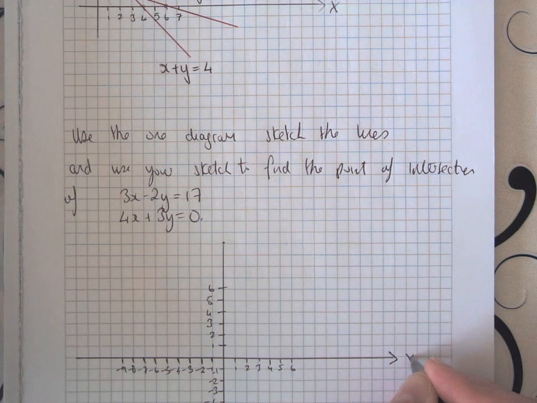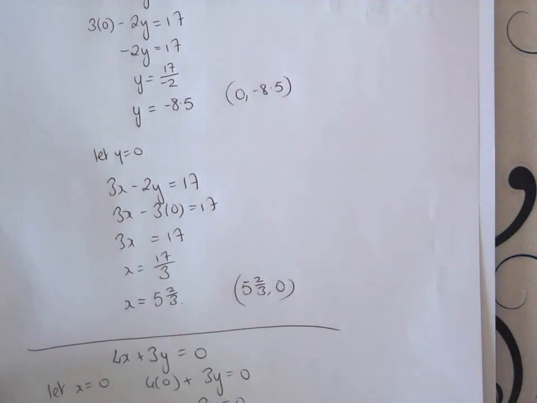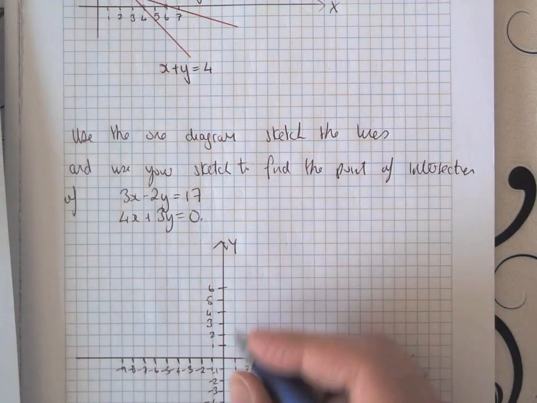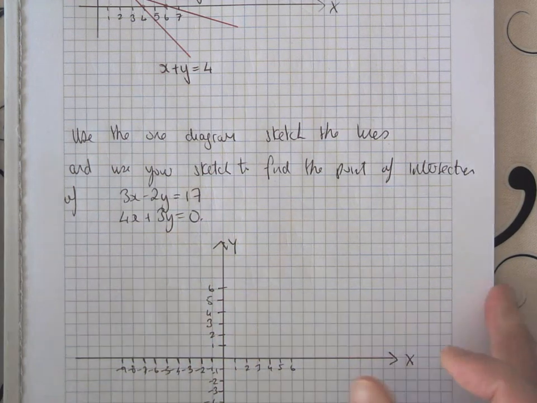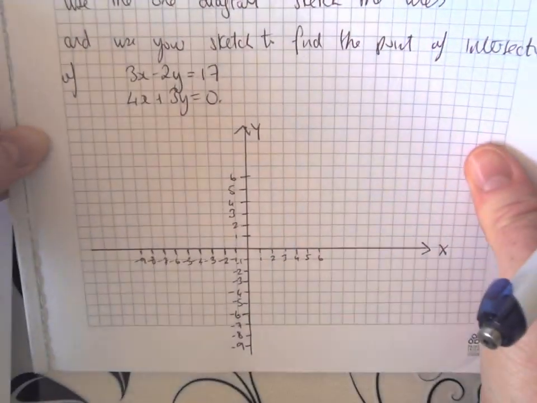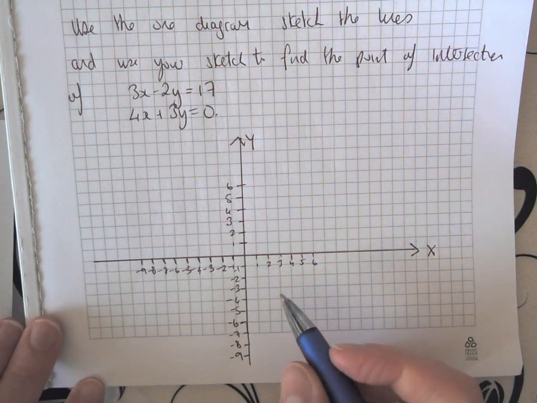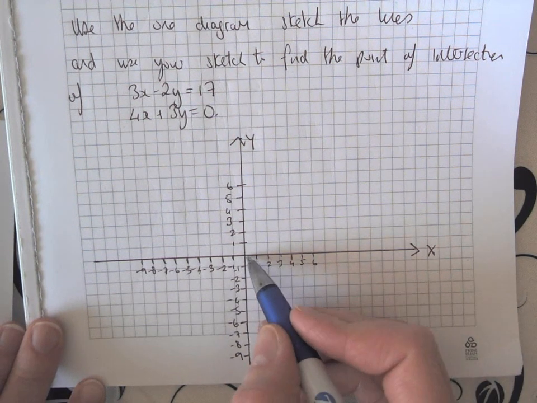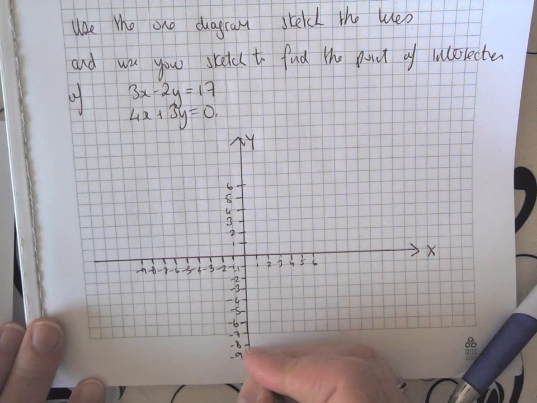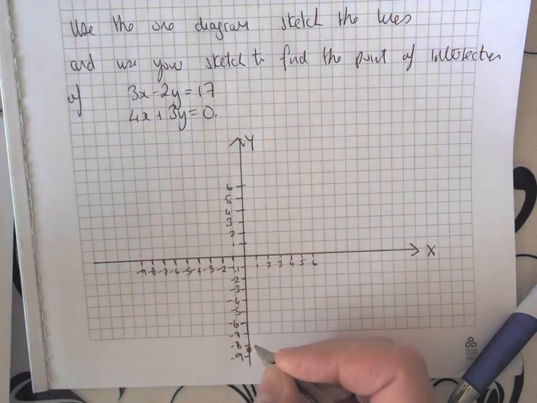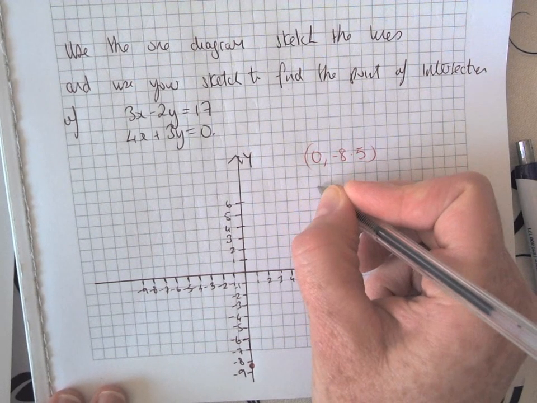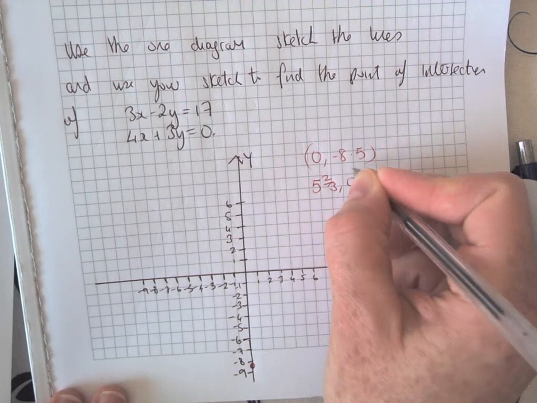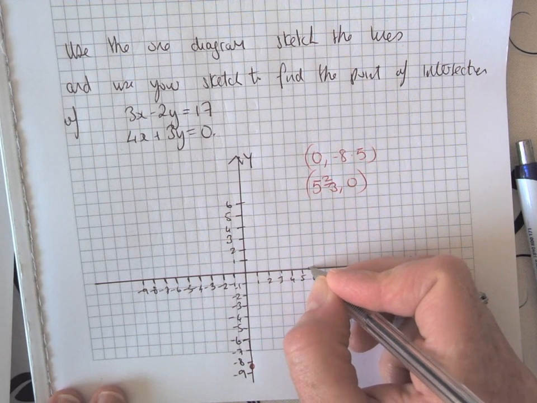This is the x-axis, this is the y-axis. So looking at our points, we have 0, minus 8.5. So 0 on the x, minus 8.5 on the y. So that's one of my points. And the other point was 5 and 2/3, 0. So 5 and 2/3, 0 is there.